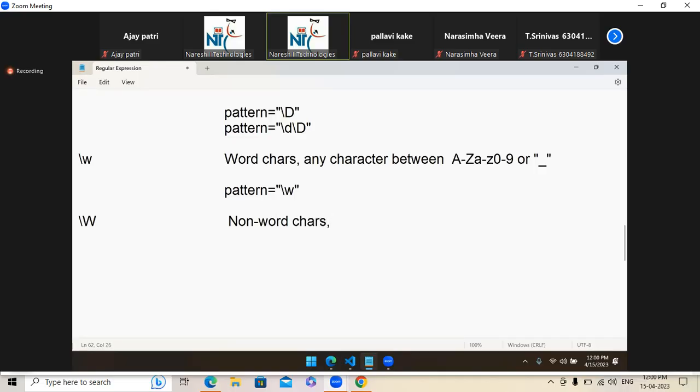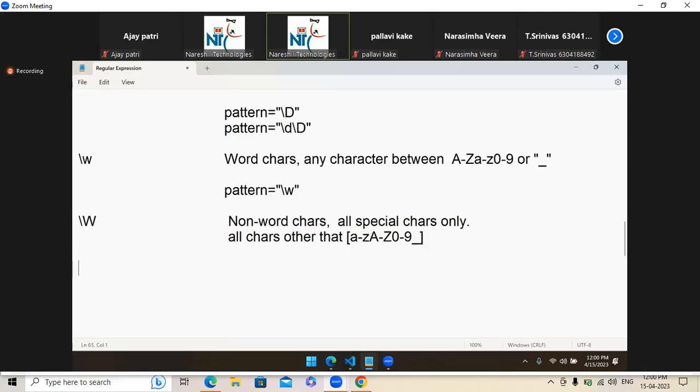That means it is nothing but all special characters only. It is simply all characters other than A-Z, a-z, 0-9 and underscore.